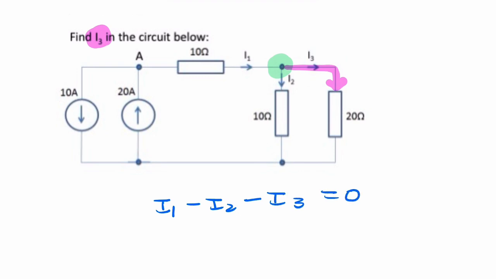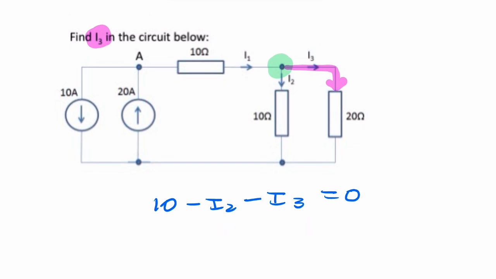And I1 we know is 10, so we can replace that with 10. But that still leaves us with two unknowns. So we need to use some other knowledge to figure out the relationship between I2 and I3.